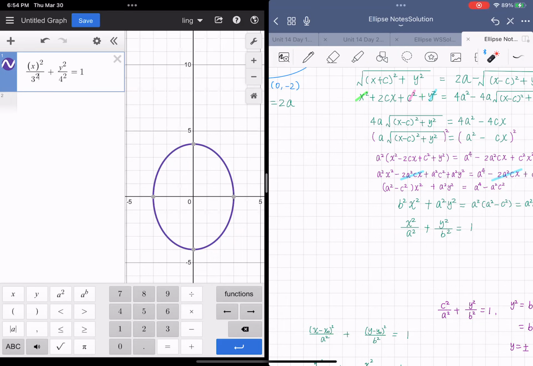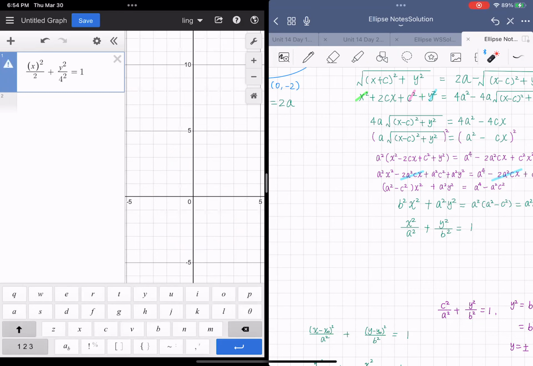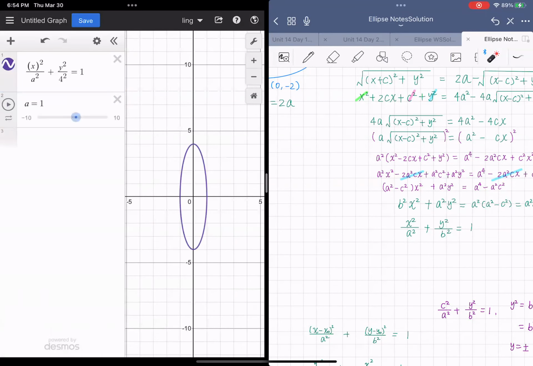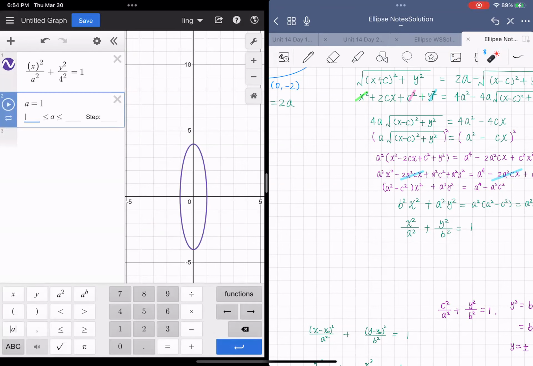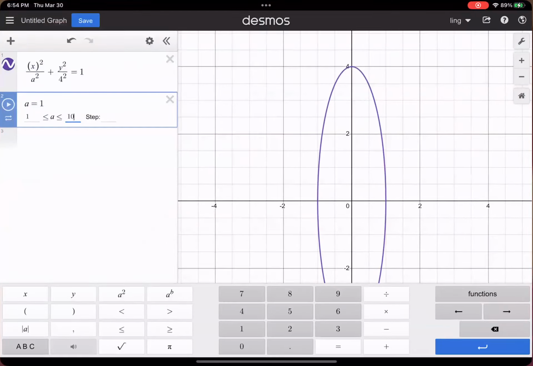So if you do a slider, if you change this to be a, first I use just one slider. So look, a is always positive. So I can make my a between 1 and 10.